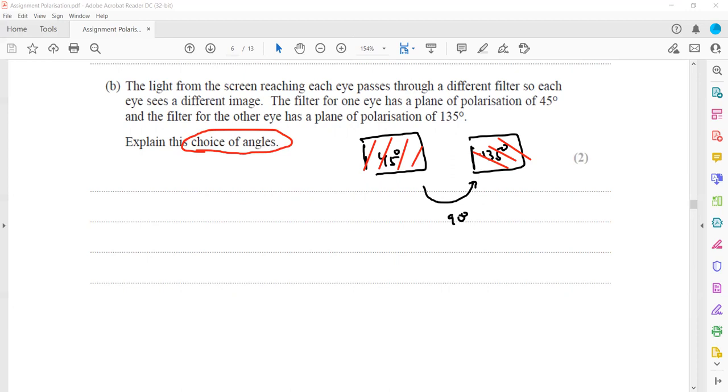When we select 45 and 135, the angle difference between the two polarizing filters is 90, so light from one filter will be blocked by the other filter. Light aligned for one filter cannot transmit through the second filter. So when we write the answer, we'll mention the angle difference is 90.